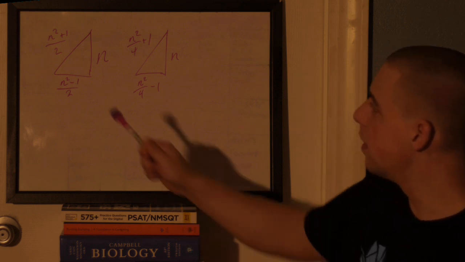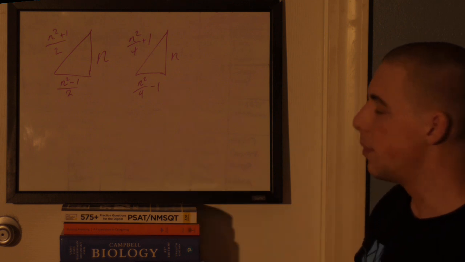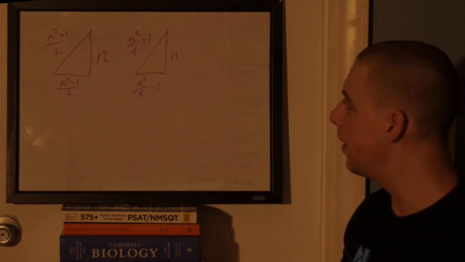And then we proved that this will create 3 integers for every odd number, and we proved that this will create 3 integers for every even number.